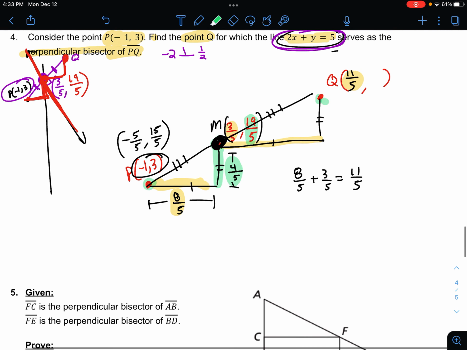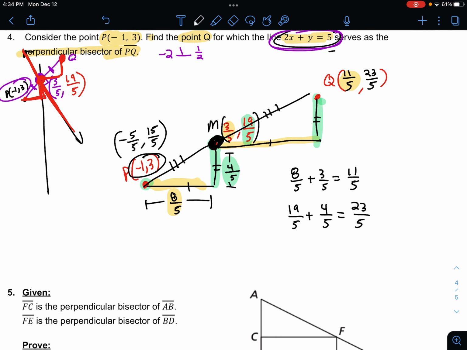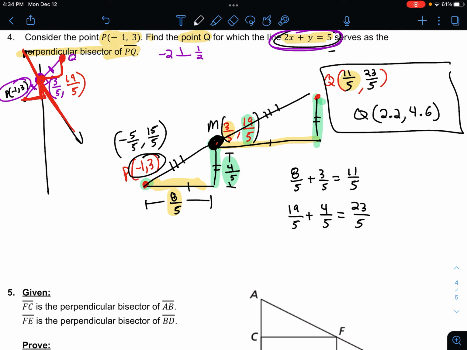So I need to add this to 19/5 to get from M to Q. And so if I say 19/5 plus 4/5, I'm going to get 23/5. So 23/5 must be my y-coordinate for Q. If I really wanted to, I could convert those into decimals. So that is 2 1/5, or 2.2. 23/5 is 4 3/5, or 4.6. So either of those are acceptable answers for the coordinates of point Q, such that this line is the perpendicular bisector of PQ.